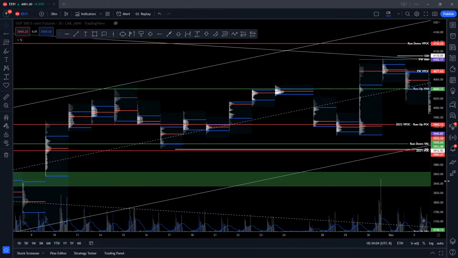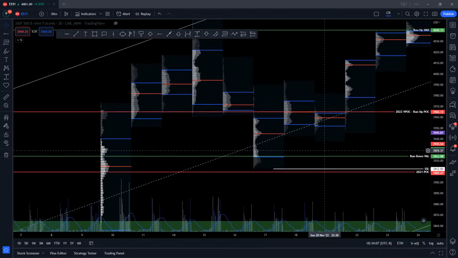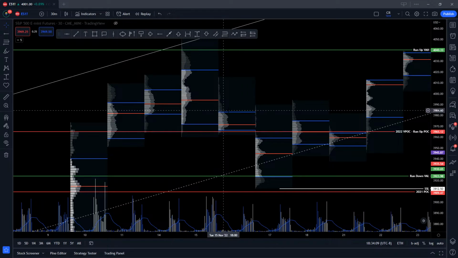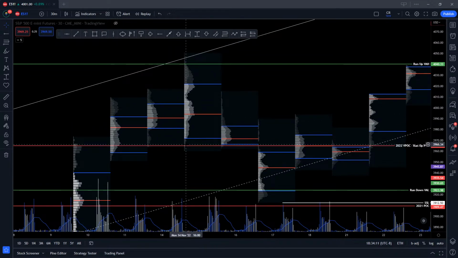So this one here is a lowercase b, as you can see here. And then this is a P shape. It's not a great example of a P shape, but this is a P shape.